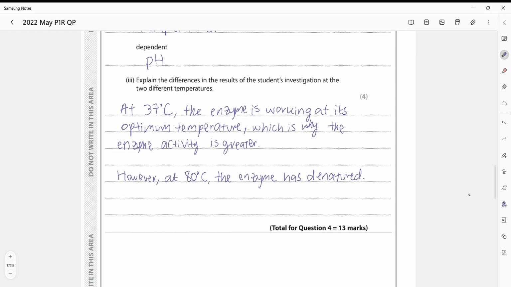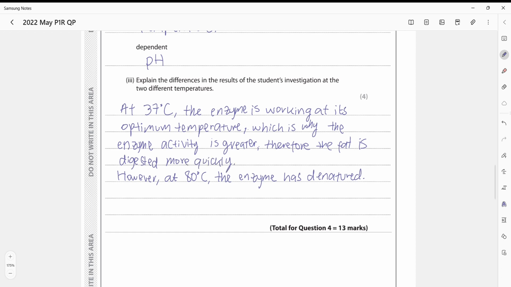So we can say that, which is why the enzyme activity is greater. Therefore, the fat is digested more quickly.